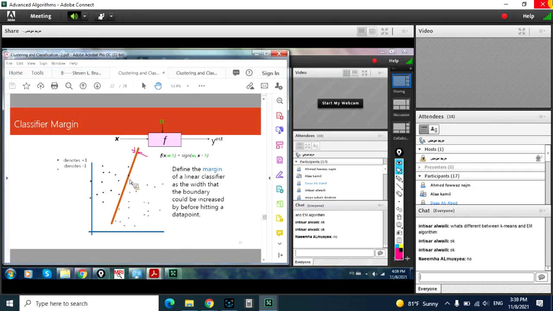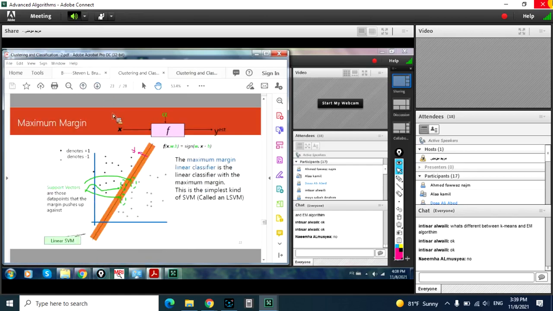For example, for this margin, this black data is on this margin. If we increase the margin and also consider another line, we have a larger margin.